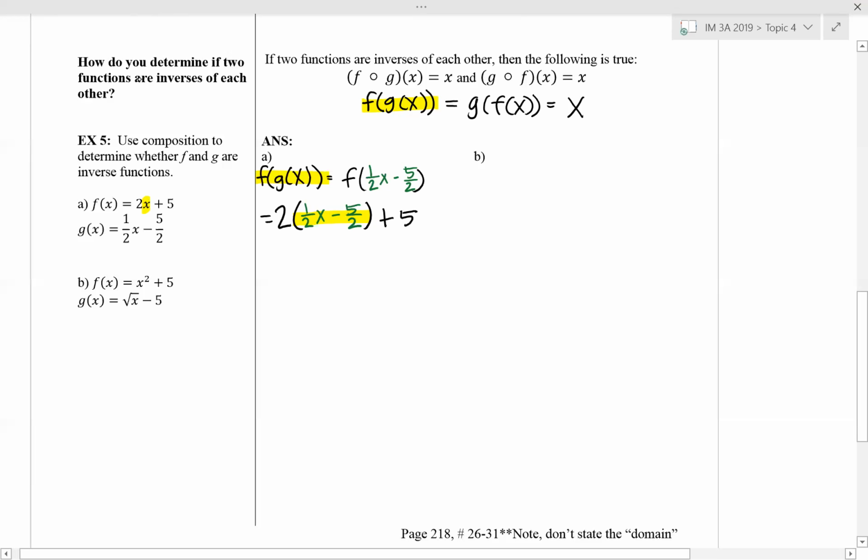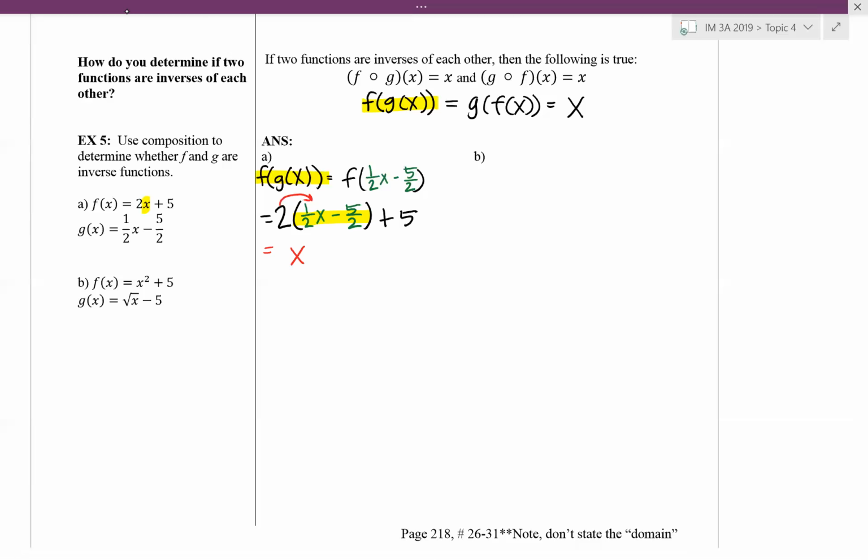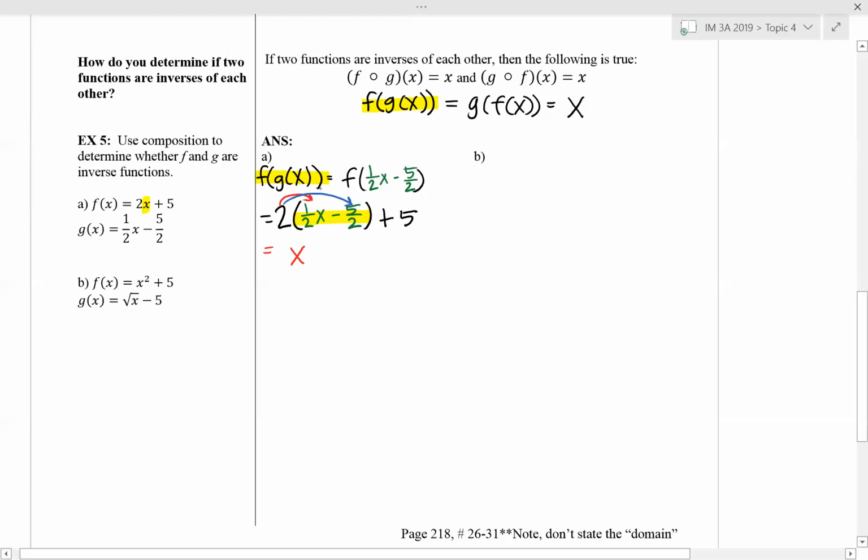I need to simplify this to see if it's equal to x. So if I have 2 times a parenthesis with multiple terms inside, I cannot combine my 2 terms, so I need to multiply. So 2 times 1/2 x is 2 over 2, so 1x. And then 2 times negative 5 over 2 is going to be negative 10 over 2, which is negative 5.